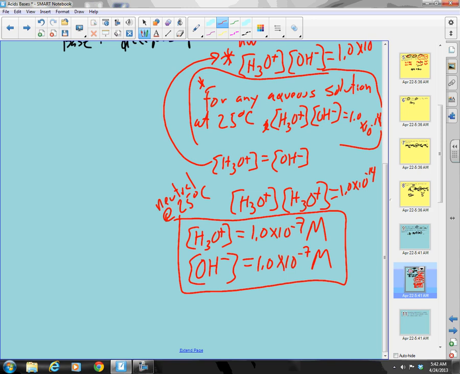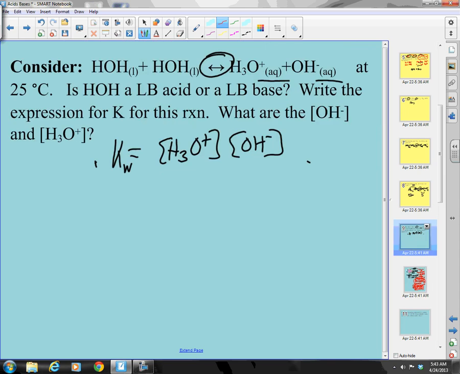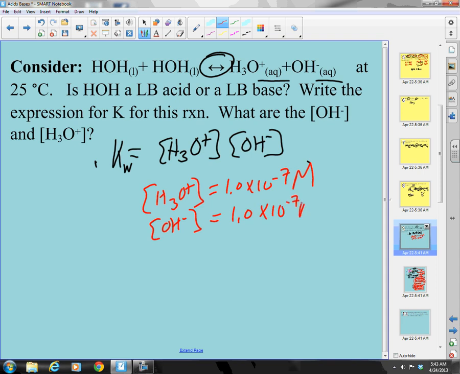What's important to know is for a neutral substance, for pure water, which is a neutral substance, at 25C, my hydronium and my hydroxide concentrations equal 1.0 times 10 to the minus 7th molar and 1.0 times 10 to the minus 7th molar.